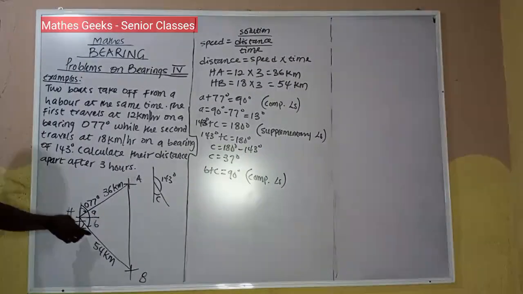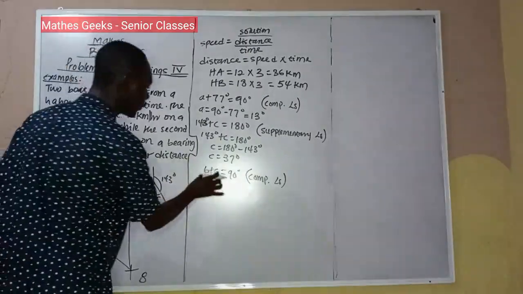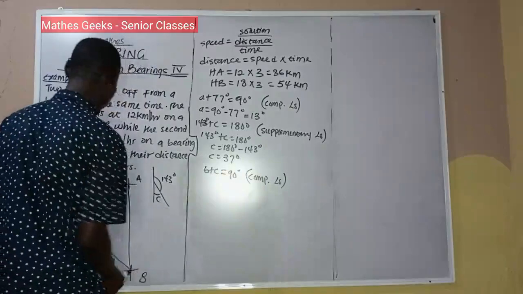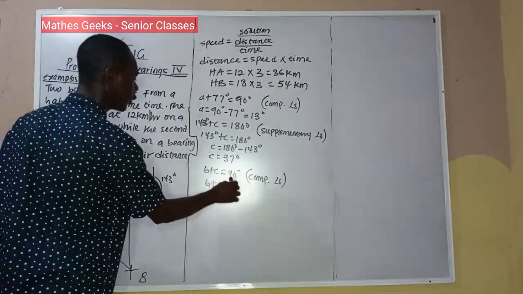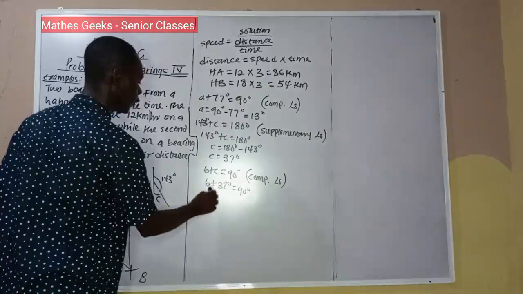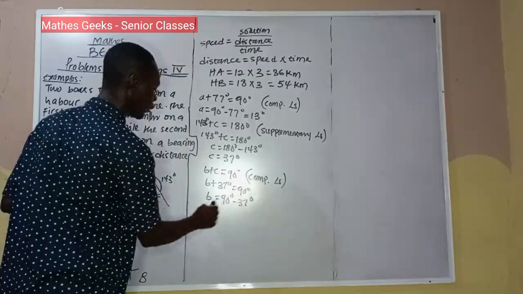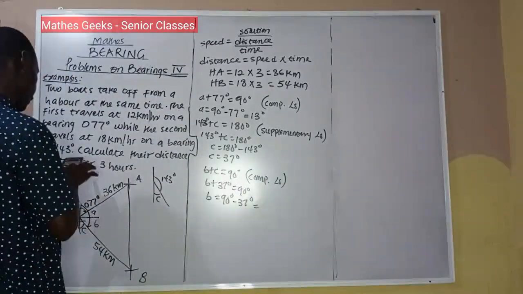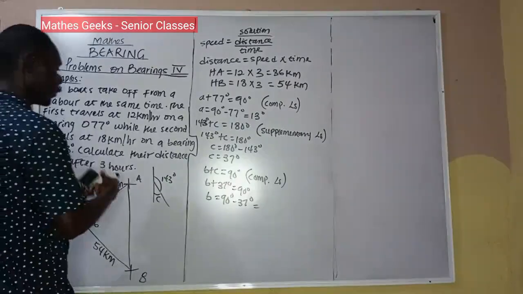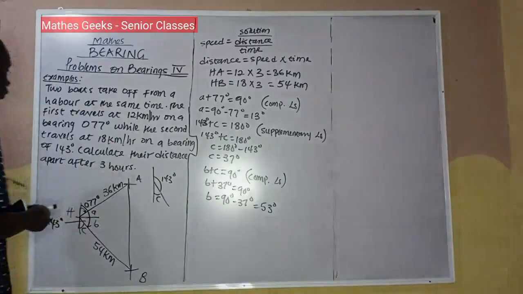So since we know C, we can know B from this relation. B plus C is equal to 90 degrees, so B is equal to 90 degrees minus 37 degrees, which is 53 degrees. So B is 53 degrees.